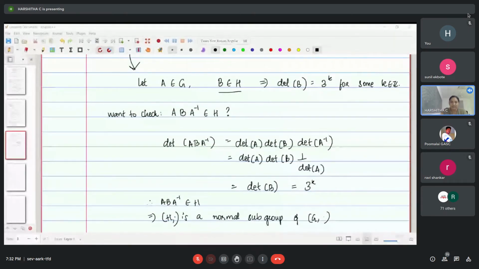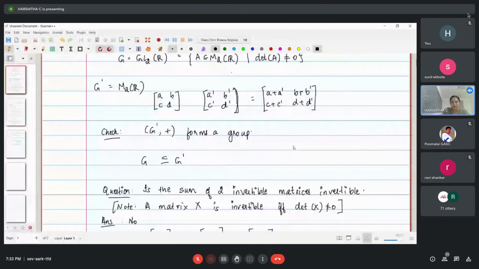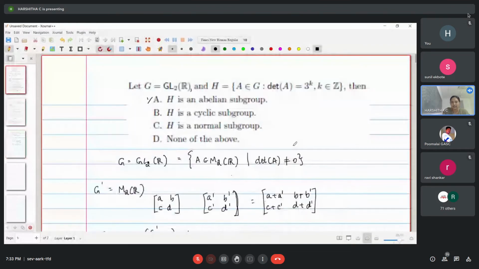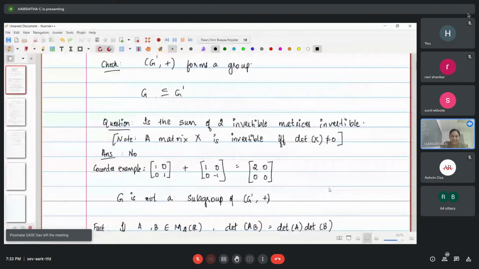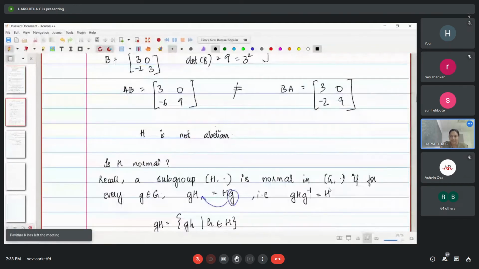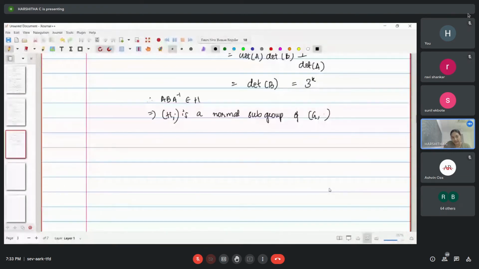So there was one more option which said, is it a cyclic subgroup? So we know it's not abelian, we know it's normal. Although we've got the answer, let's just talk about cyclic nature. It's a counting argument that you can give and see easily. So if a group is cyclic, what does it mean? One element generates the whole group, right?